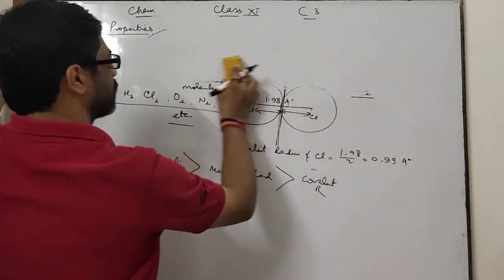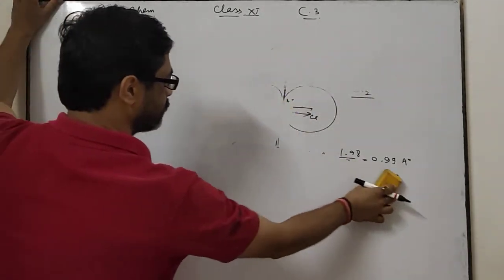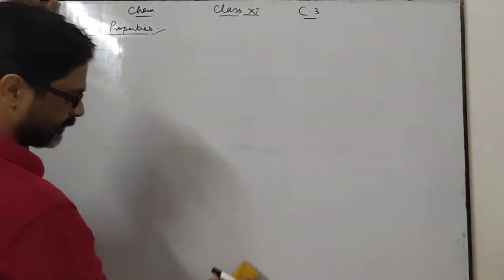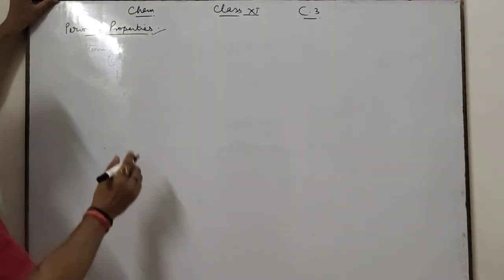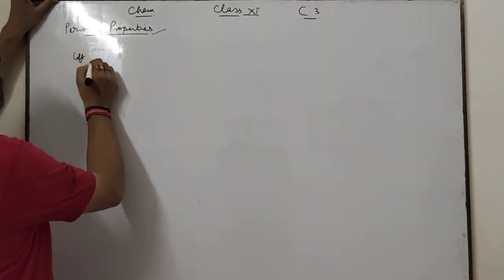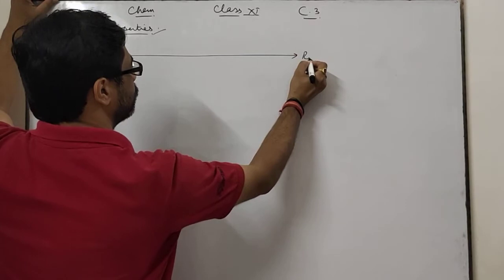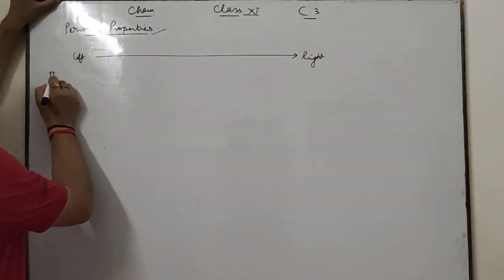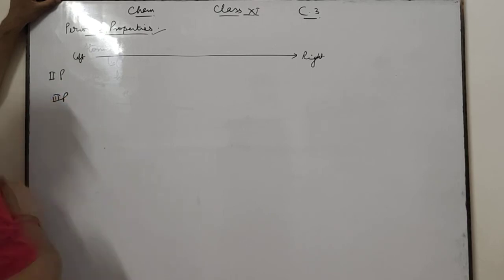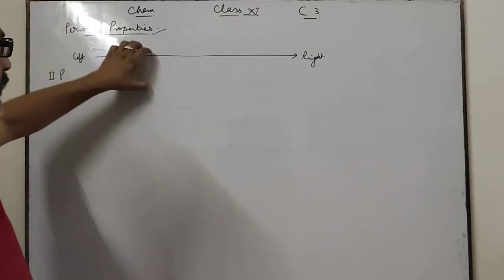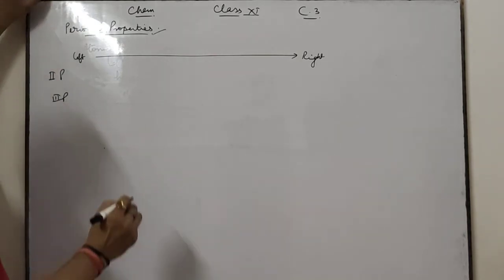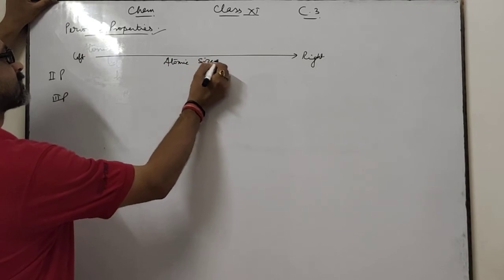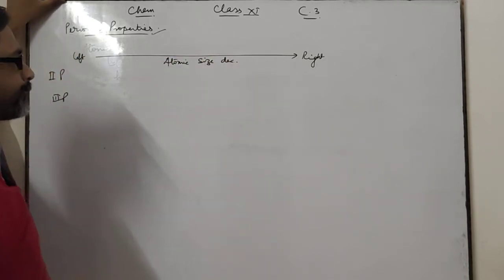Now I am going to continue. How does atomic size or atomic radius vary within a period and within a group? In any period, either second period or third period or any one, as we move from left to right, the atomic size decreases. Why is this so?